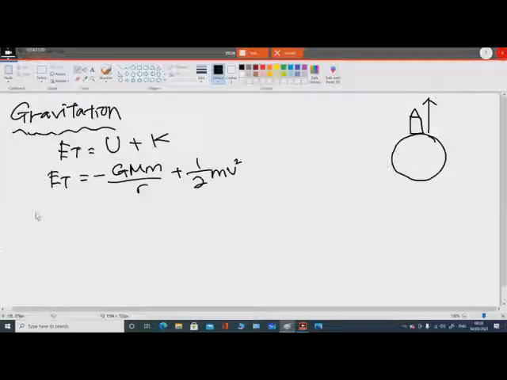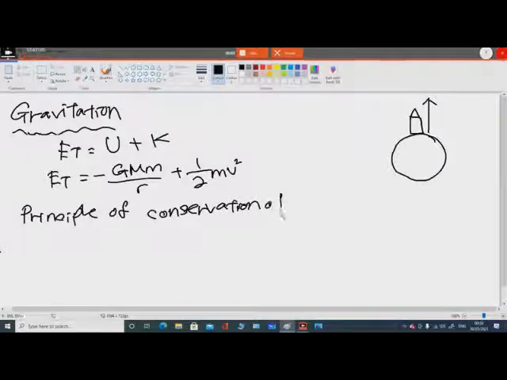Based on the principle of conservation of energy, the total energy before leaving the earth is equal to the total energy after leaving the earth.